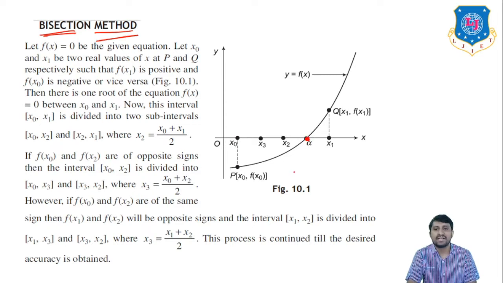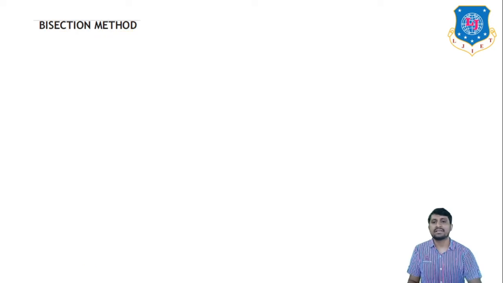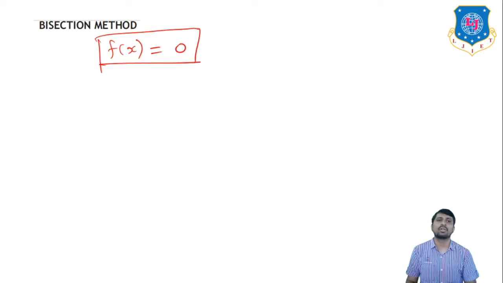Let f of x equal to 0 be the given equation, and let x0 and x1 be two real values. Basically in the bisection method, suppose f of x equals 0 is my algebraic or transcendental equation, and I want to find the approximate root of this equation.